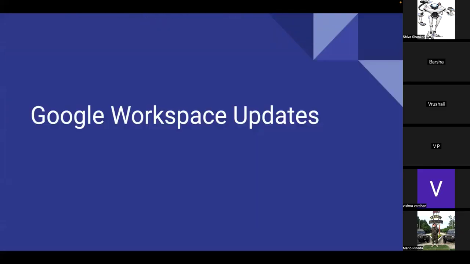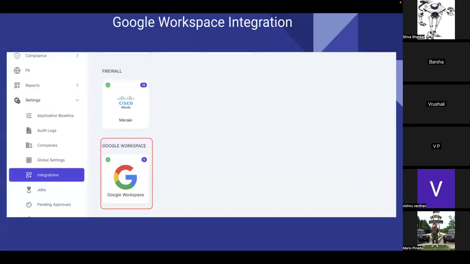Next, we have implemented one complete end-to-end flow of Google Workspace. Again, this is currently in one of our lower environments, and we are in the initial stages of testing. We brought in Google Workspace under integrations. Similar to what we have for M365, this is a cloud assessment.